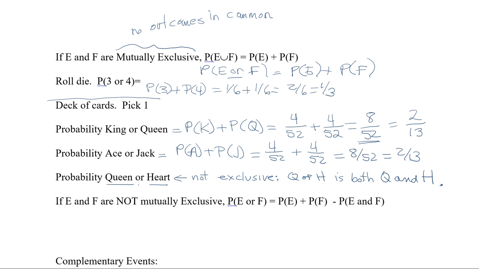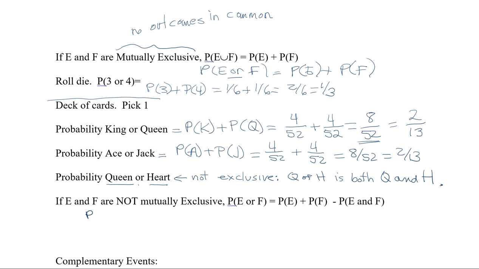And so here, that one card would be counted twice. And so if they're not mutually exclusive, the probability of E or F would equal the probability of E plus the probability of F minus the probability of E and F.